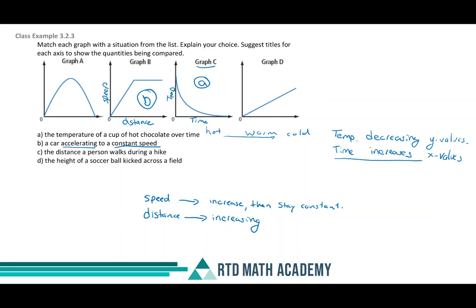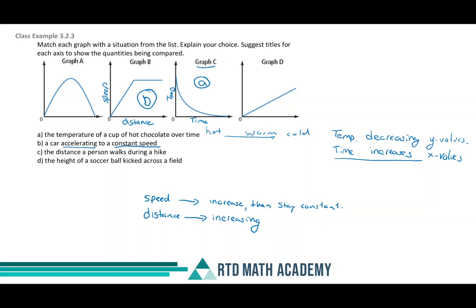Now, if we're talking about the distance a person walks during a hike, this distance could just be within the first 15 minutes of a walk. At any one point they could increase their speed, they could sit down and have a break, they could end their hike, who knows what it is.